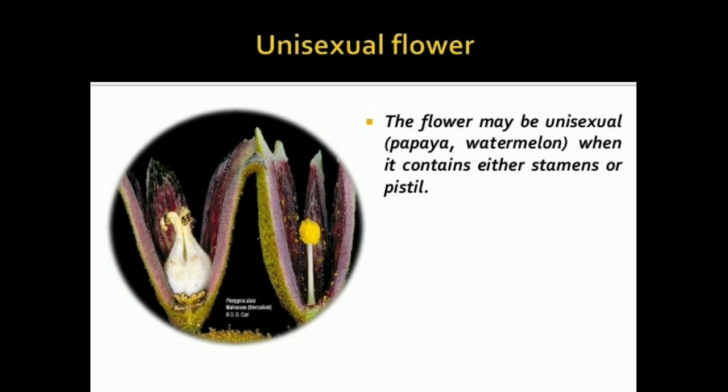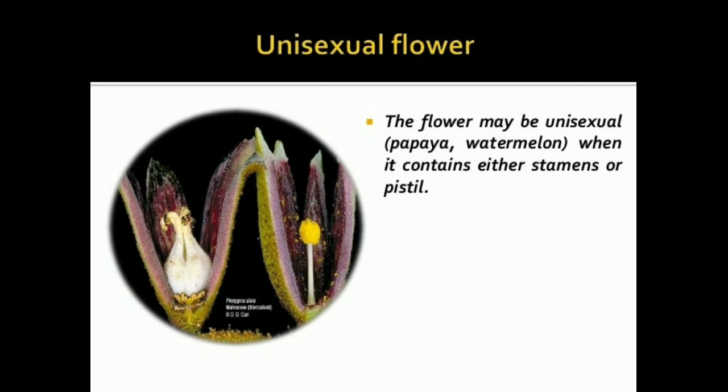Such flowers are called unisexual flowers. For example, papaya. In the case of papaya, there will be a separate male plant and a separate female plant. Next example is watermelon. In this also, separate male and female plants will be present.